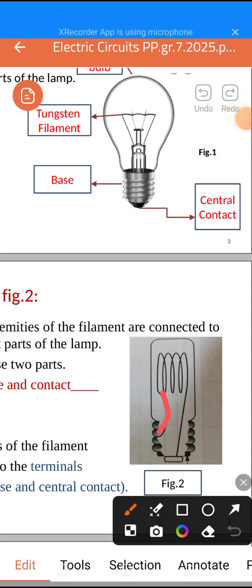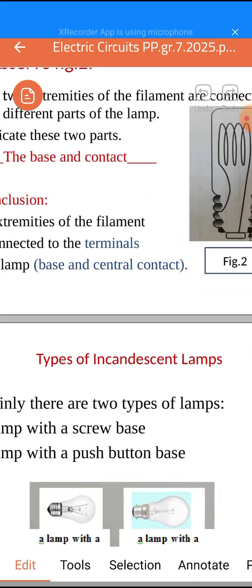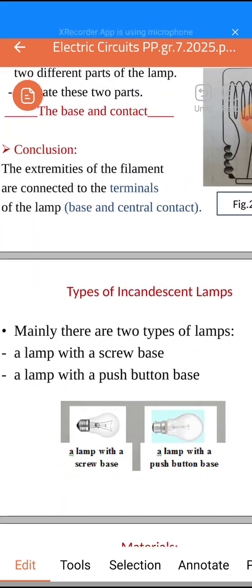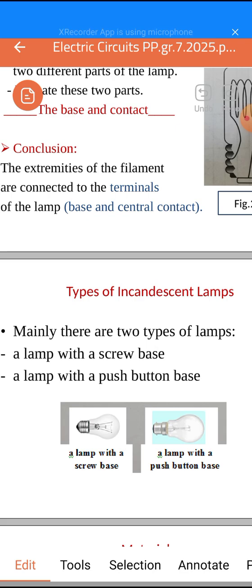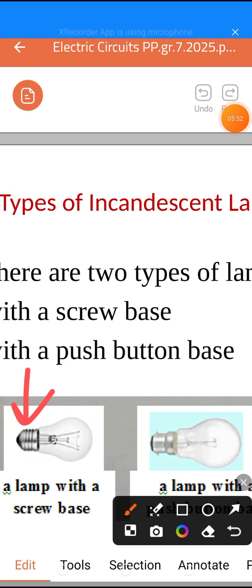One extremity is connected to the base, the other is connected to the central contact. And finally, we took the two types of the incandescent lamp. We have a lamp with a screw base and a lamp with a push button base. In Arabic, we call them the screw base and the push button base. So they differ in the shape of their bases.